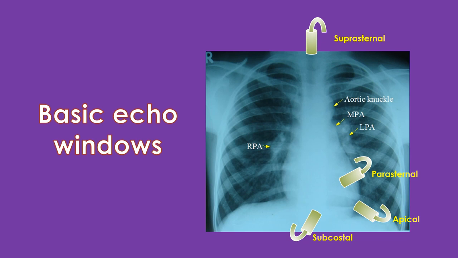Each window allows the imaging of certain cardiac structures. Lungs do not come in the way of the ultrasound beam in the subcostal view. Air in the lungs does not permit transmission of the ultrasound beam to the heart. So, the usual echocardiographic windows are regions where the overlap by the lungs is minimal.